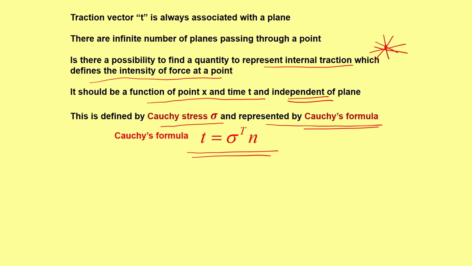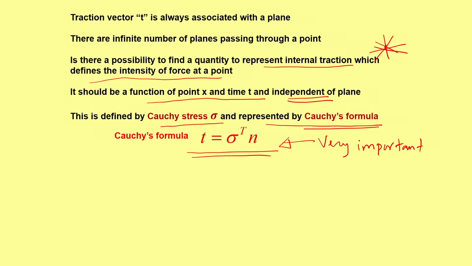Sigma is known as Cauchy's stress, because the whole formulation is based on Cauchy's hypothesis and assumption. So, T is equal to sigma transpose n. This is very important, and one should keep in mind for all further discussion. Cauchy's formula and Cauchy's stress are the two terms which we need to keep in mind.